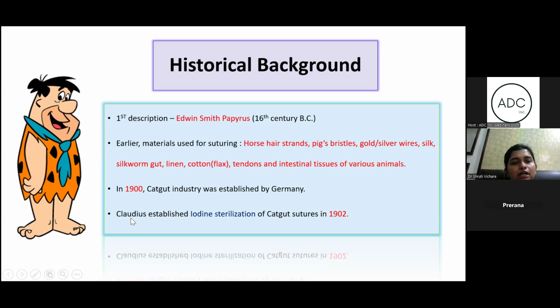In 1900, the catgut industry was established in Germany, and in 1902, a person named Claudius came up with the iodine sterilization of catgut sutures. So that is where the sterilization of sutures was introduced.